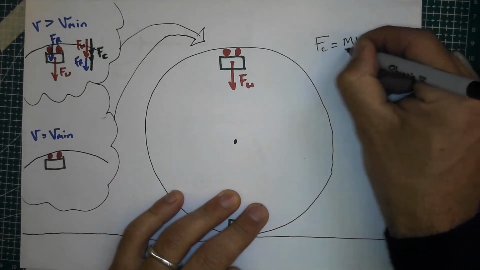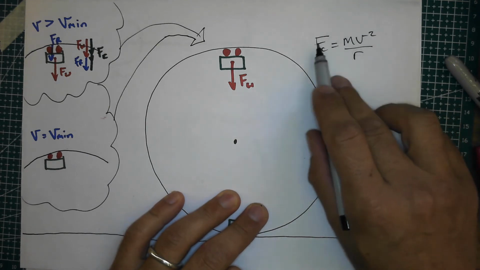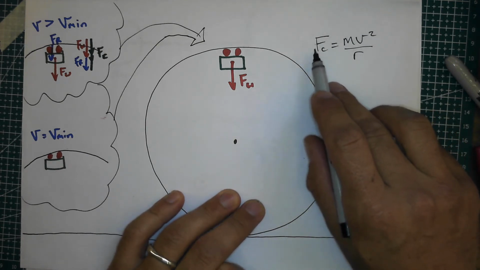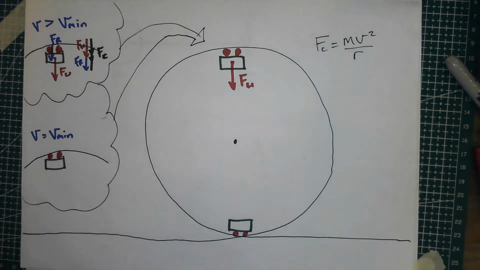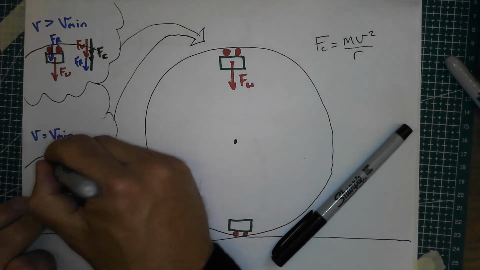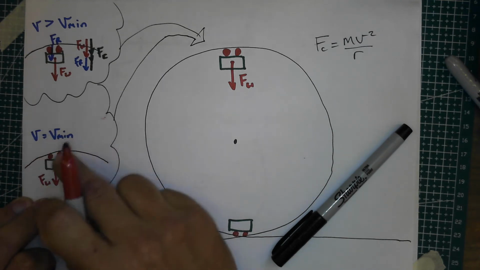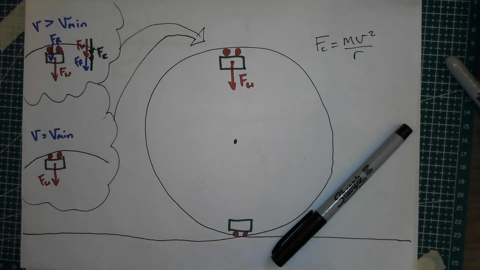Well, the centripetal force is mv squared over r. So as the car goes slower and slower, the centripetal force becomes smaller and smaller. And the minimum velocity is when the only force acting is the weight force. So there's no reaction force required.